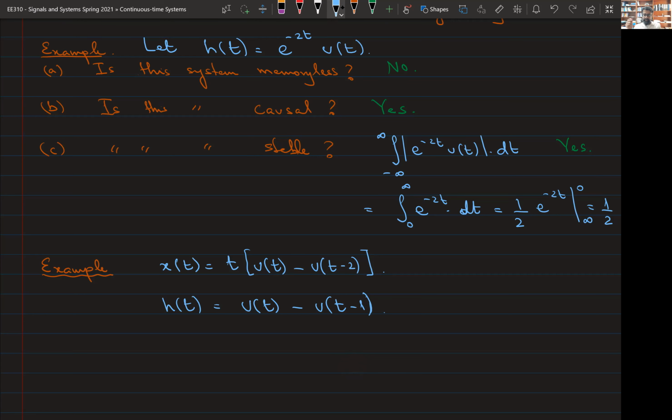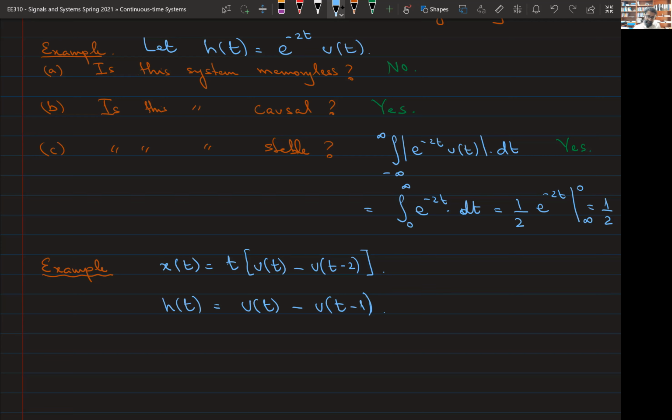Or let's, okay. Is this system memoryless? Is this system memoryless? No, right? Because it does not take the form of a delta function. Is this system causal? Is the system causal? Hassan says no to this, or acha. The system, yes, it's causal because it is equal to 0 for all time t less than 0, right?